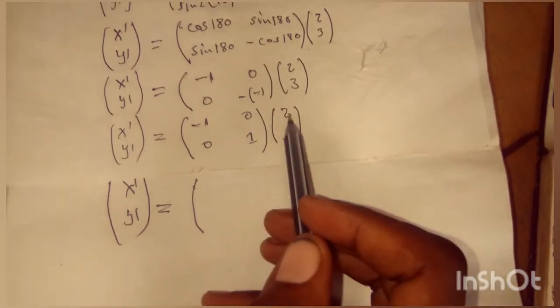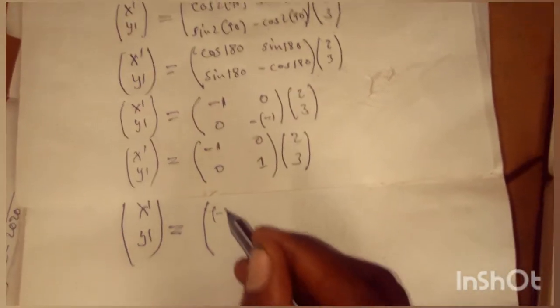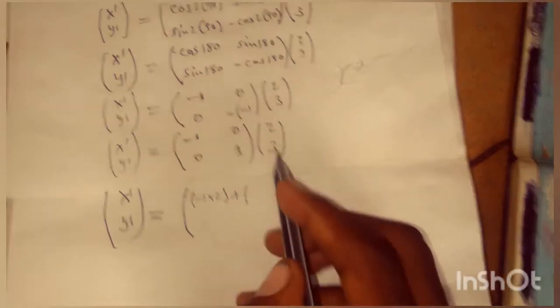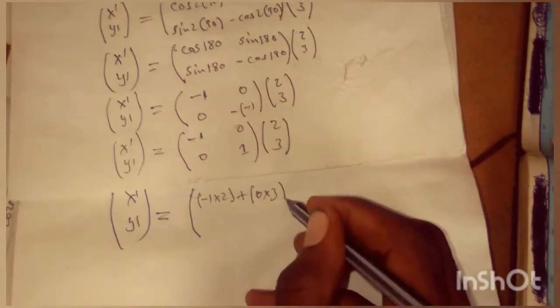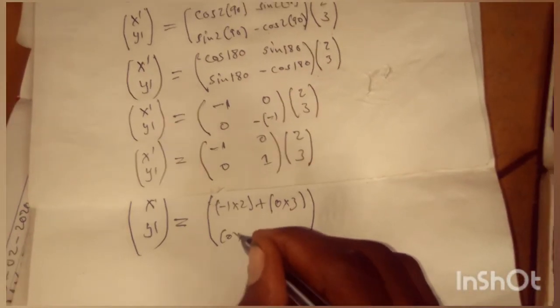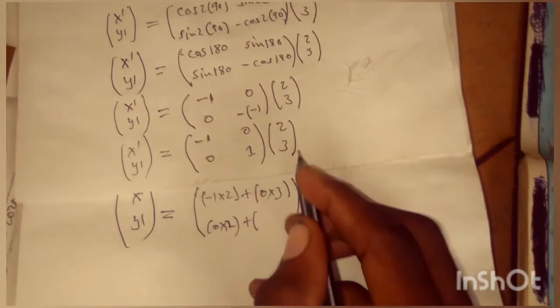Take -1 times 2, plus 0 times 3, and 0 times 2, plus 1 times 3.